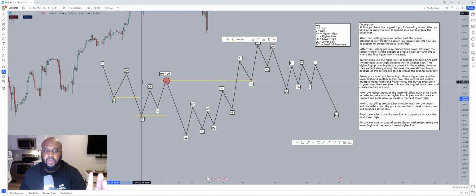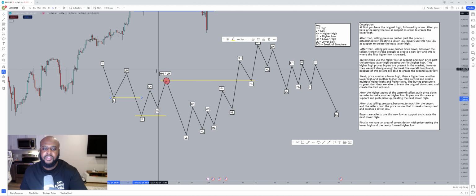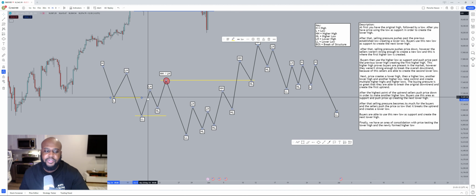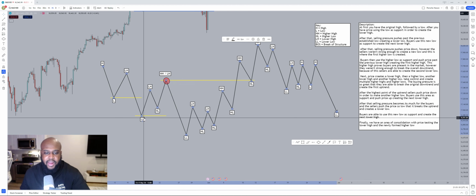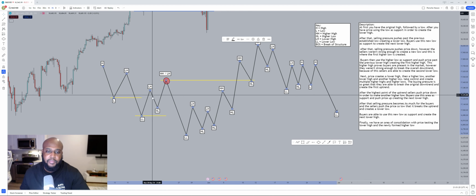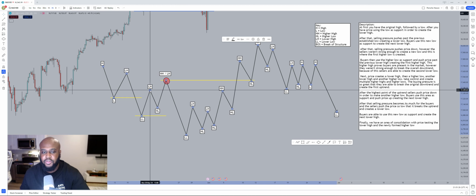Again, guys, a lower high is only valid if it makes a lower low or an equal low. Anything else is usually just the market giving you a sign that it might be retracing a little bit deeper. Once we made that lower low, the market found an area of support, and that's where it bought off, like Deshaun mentioned in his notes. That's where the buyers are able to buy off to create the next potential lower high.